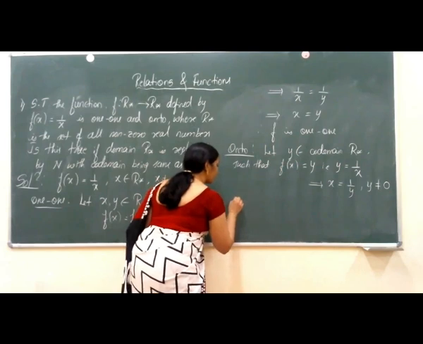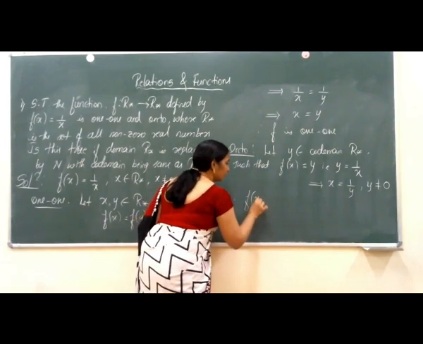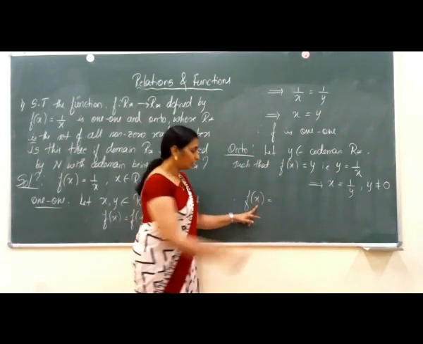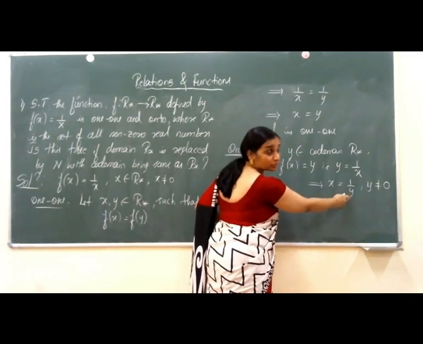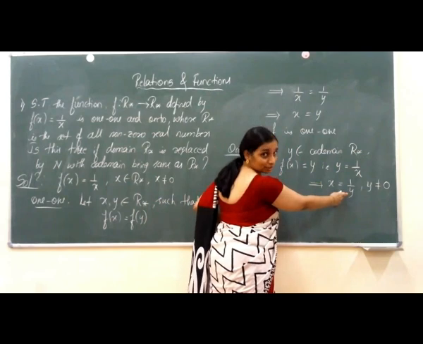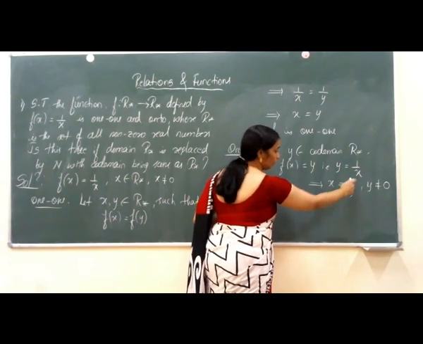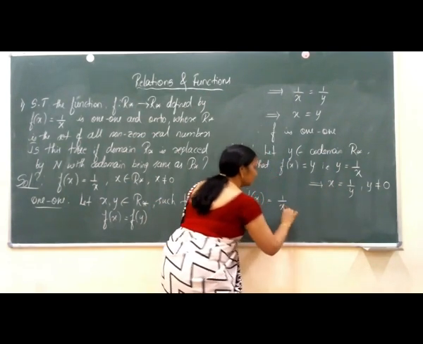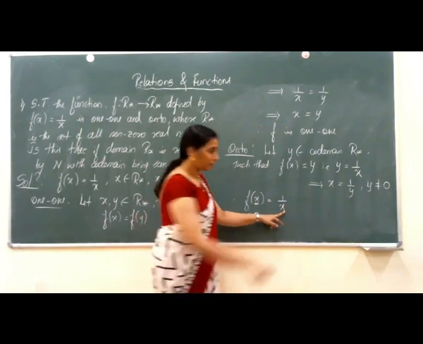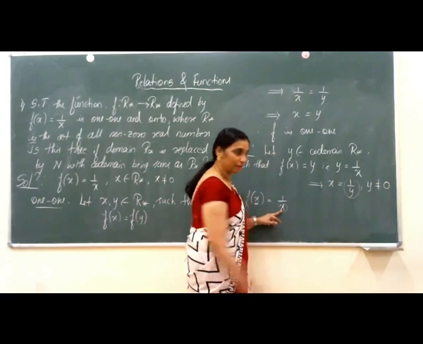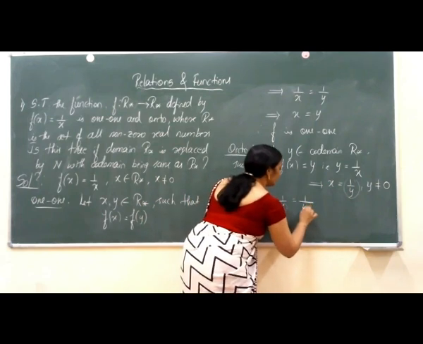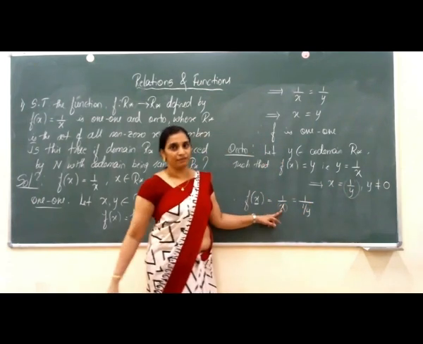Now, we will consider the function f of x. In place of this x, we will substitute the value of x which we got using the definition of the function. So, x is 1 by y, but f of x is 1 by x only. Now, in place of x, we will substitute the value 1 by y. This is equal to 1 divided by 1 by y.